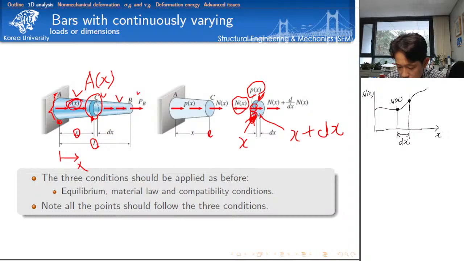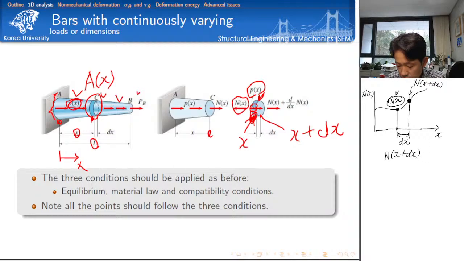I'd like to approximate this value. With respect to this N(x), the internal force measured at the position of x, what I want to know is the internal force at the position of x plus dx. That's what I want.